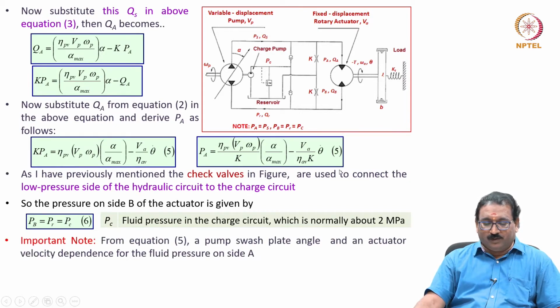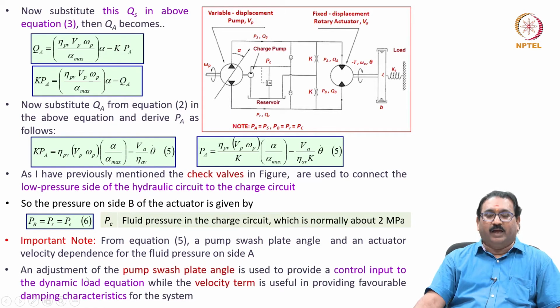Important note here, you will see from equation 5, the pump swash plate angle and the actuator velocity depend on the fluid pressure on side A. An adjustment of the pump swash plate angle is used to provide a control input to the dynamic load equation, while the velocity term is useful in providing favorable damping characteristics of the system.